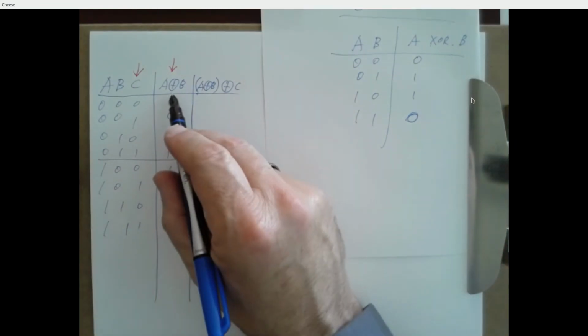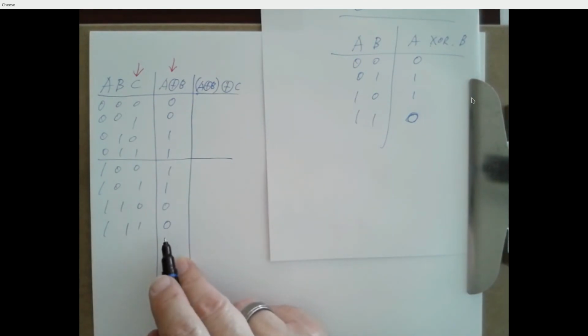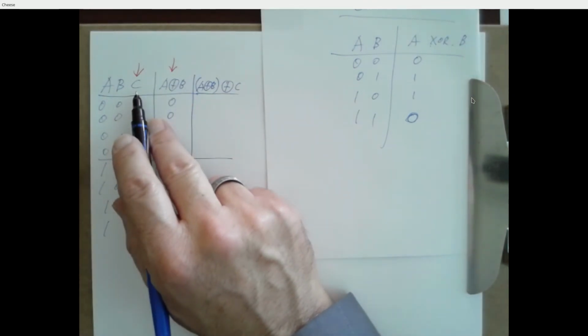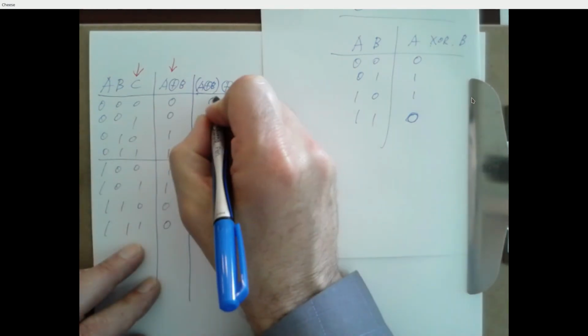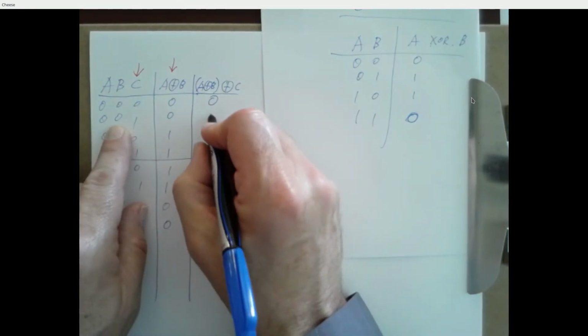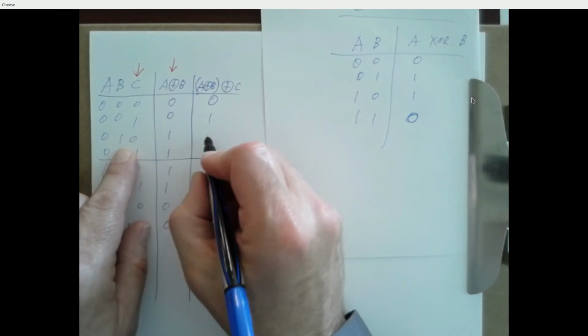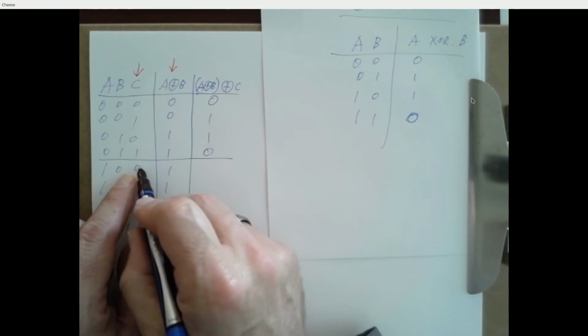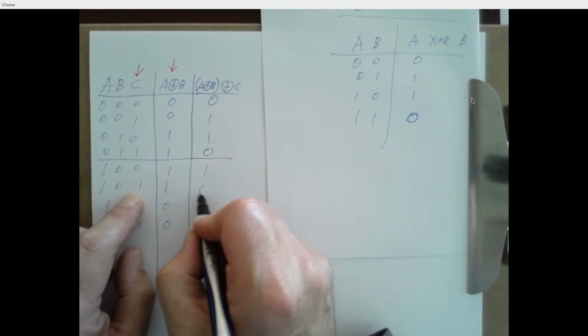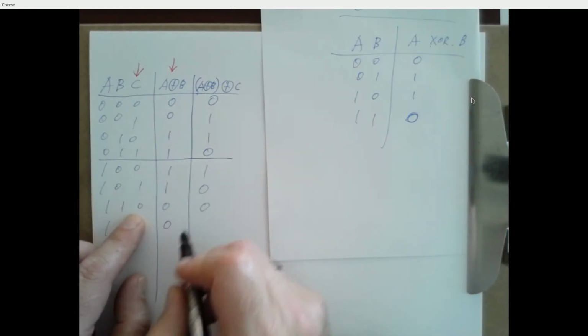All right, so we agree this is A XOR B. Okay. So let's take that and XOR it with C now. So 0 XORed with 0 is 0. 0 XORed with 1 is 1. 1 XORed with 0 is 1. 1 XORed with 1 is 0. 1, 0 gives us a 1. 1, 1 gives us a 0. 0, 0 gives us a 0.